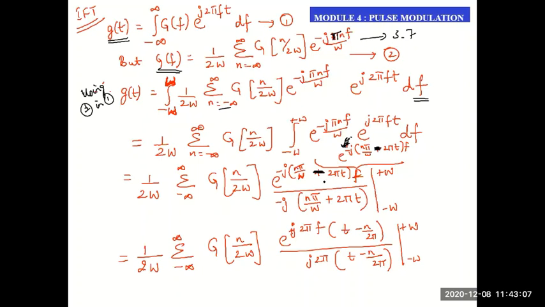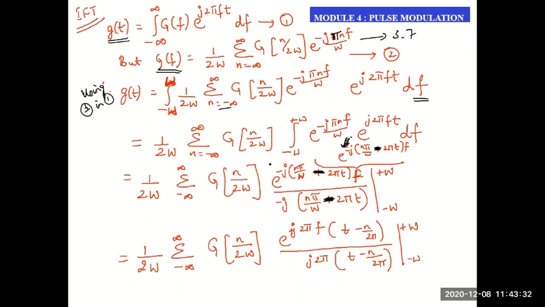Okay. And f, this will become minus the integration of this. So what is, is it that small g of n by 2w? No, we wrote capital G only there, right?